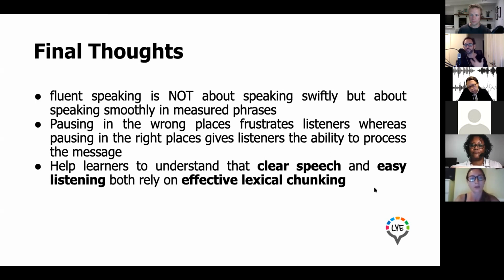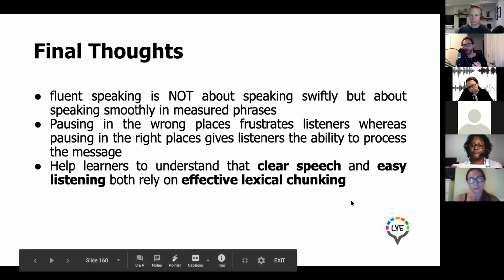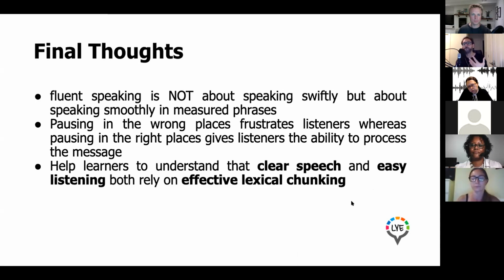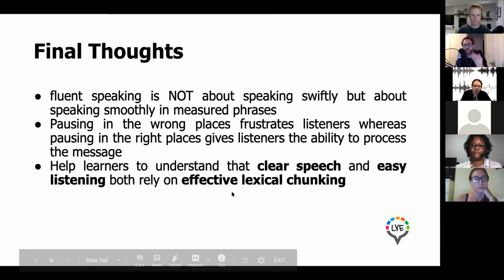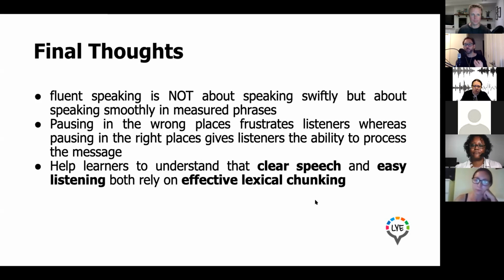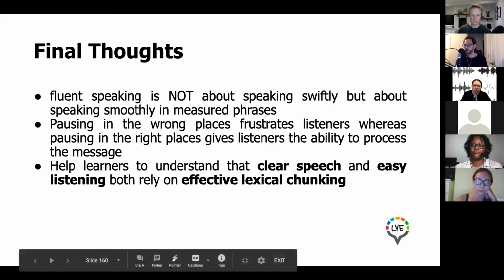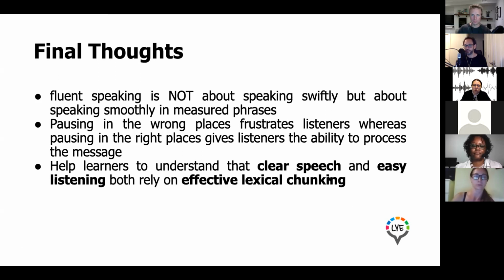And of course, with Soundscripting, we are really helping learners to understand, and now I'm going to borrow what Glenn said, and embody pronunciation so they can have a much clearer speech, easy for people to listen to, because they are relying more specifically on what we call effective lexical chunking.